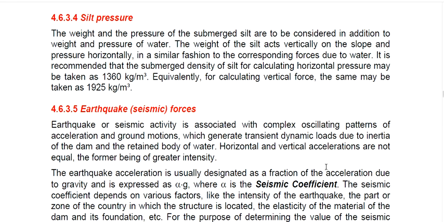In the continuation of concrete gravity dam forces after uplift pressure, there is another pressure which is called silt pressure. Basically, silt pressure arises when we are constructing a gravity dam over a flowing river and the river carries water along with silts, crushed stones, crushed rocks, pebbles, and similar kinds of crushed material with itself.